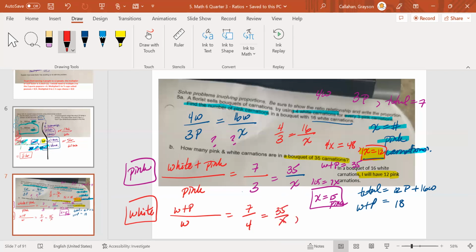Same thing, cross multiply, 7x equals 4 times 35, which is 140, divided, x equals 20. So in this case, you will use 15 pink carnations for 35 bouquet of carnations and 20 white carnations in a 35. And if you look at it, 15 plus 20 gives you 35, right? So you know your answer does add up to 35, okay?